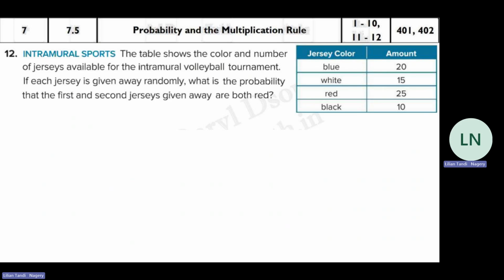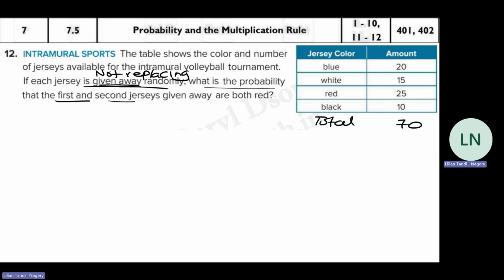Intramural sports. The table shows the color and number of jerseys available for the intramural volleyball tournament. When I add these, I should get a total of 70 jerseys. If each jersey is given away randomly, what is the probability that the first and second jerseys are both red? Given away means not replacing. You've given it away, it's not coming back.